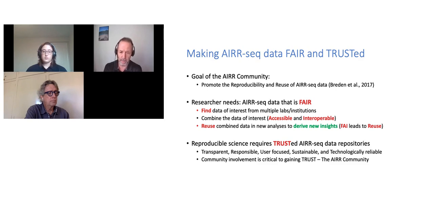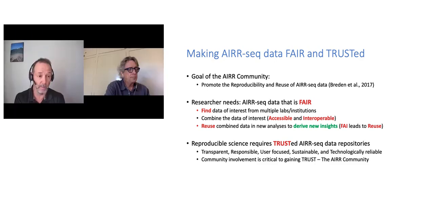Repositories need to be transparent about how they store the data. They need to be responsible, have a user focus, and be sustainable, around for a while, because the data can't come and go. They need to be technologically reliable. And trust really revolves around community involvement.